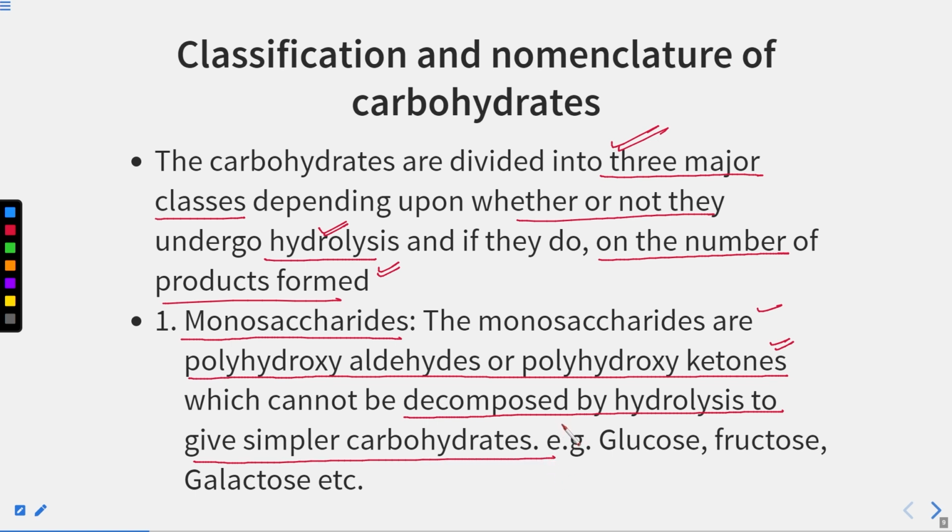It is already in a very simple form. This is the simplest carbohydrate, so it cannot be hydrolyzed further. Examples of monosaccharides are glucose, fructose, and galactose. These are three different monosaccharides.